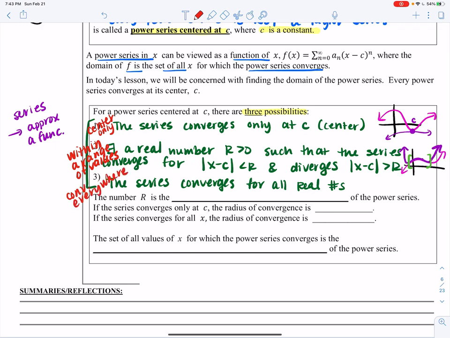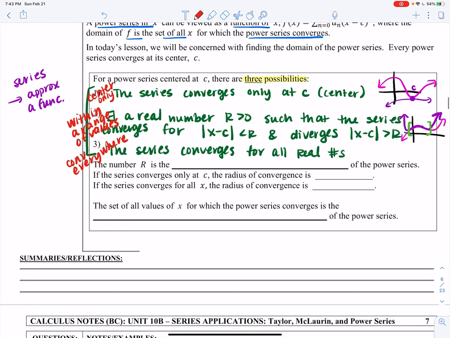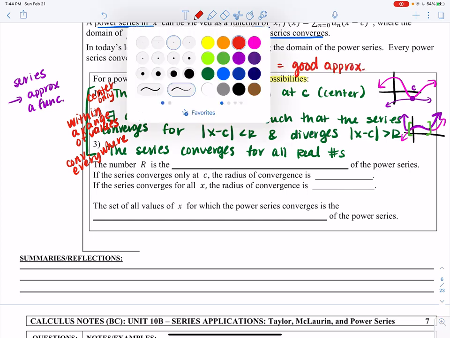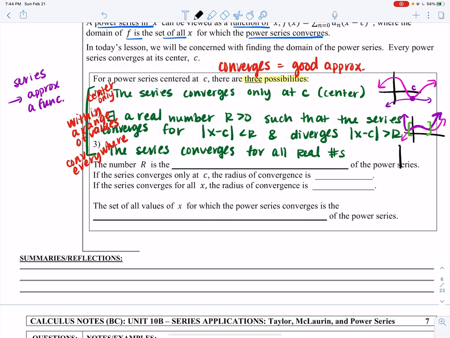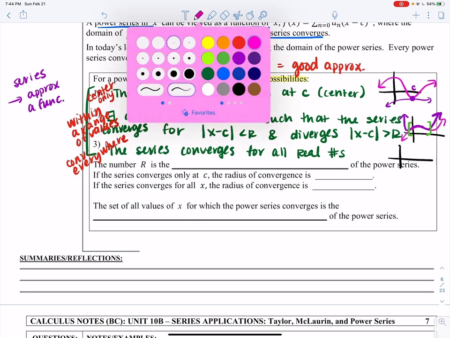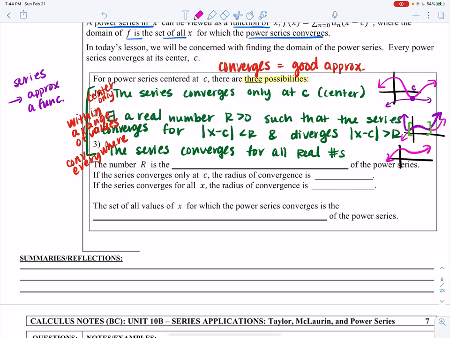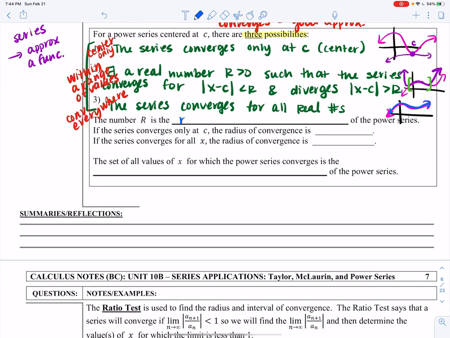Now this is the first time where we're really using this word converges to mean a good approximation for the function. What would that look like graphically? Again, we have our function, some sort of function, and basically our polynomial fits it everywhere. Now we're going to call R our radius of convergence.